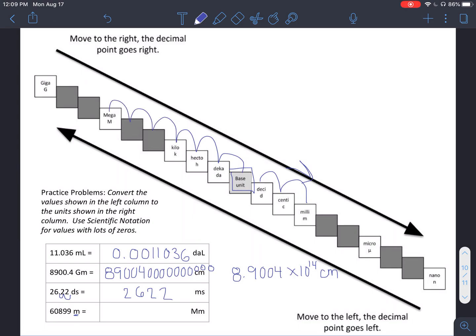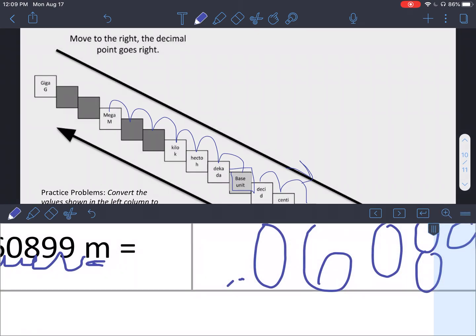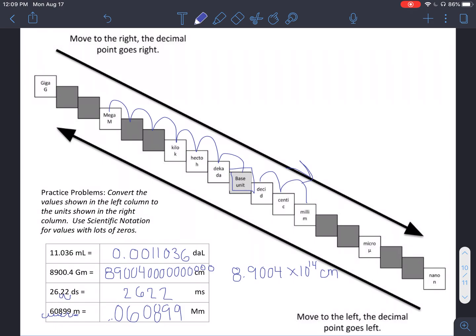That means I will move my decimal place to the left. 1, 2, 3. All right, my decimal place kind of got messed up. Oops. There we go.